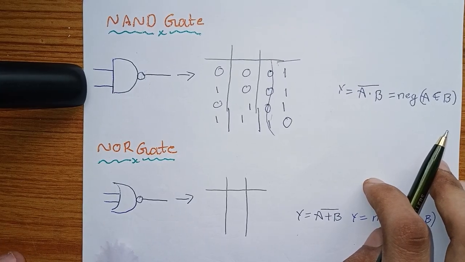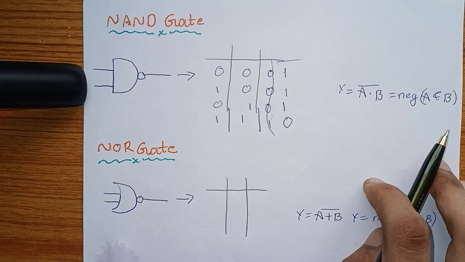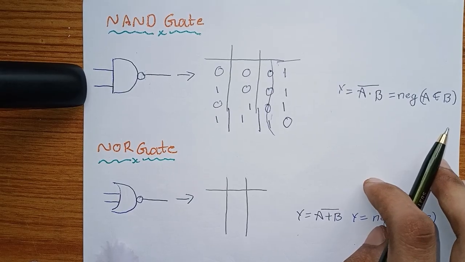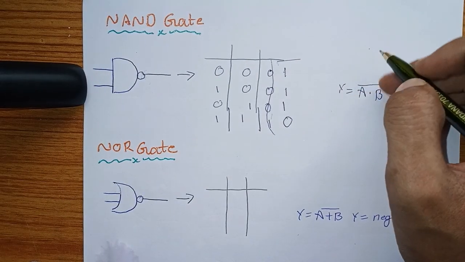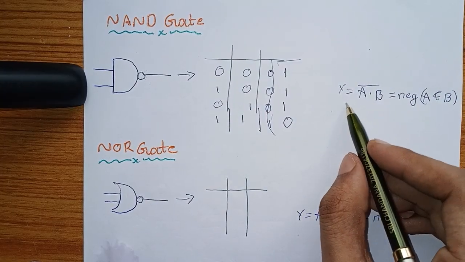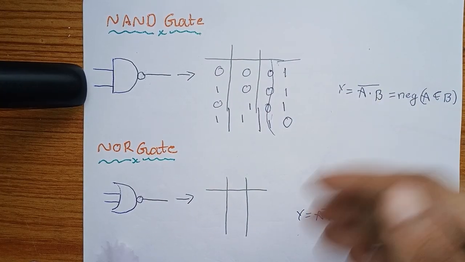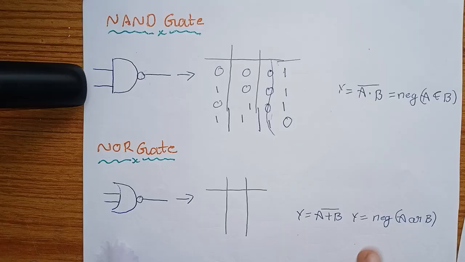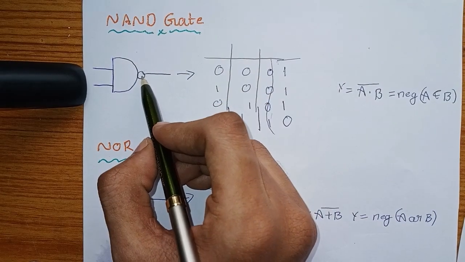Do you get me? If A and B are the inputs and something should come as output, the something is not the output we are thinking. If A and B are the inputs, the output is not A and B, something else will be the result, because there is a NOT gate here.